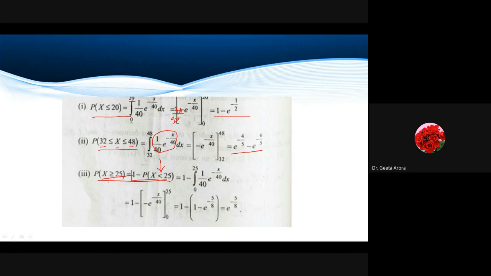The probability of x greater than or equal to 25 can be written as 1 minus the probability of x less than 25. So here we have the limits from 0 to 25, we integrate it, subtract it from 1, and whatever answer comes gives me the probability that capital X is greater than or equal to 25.